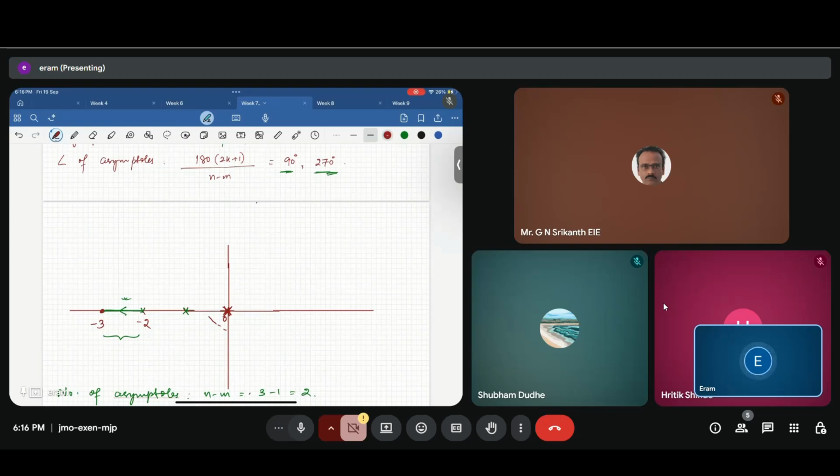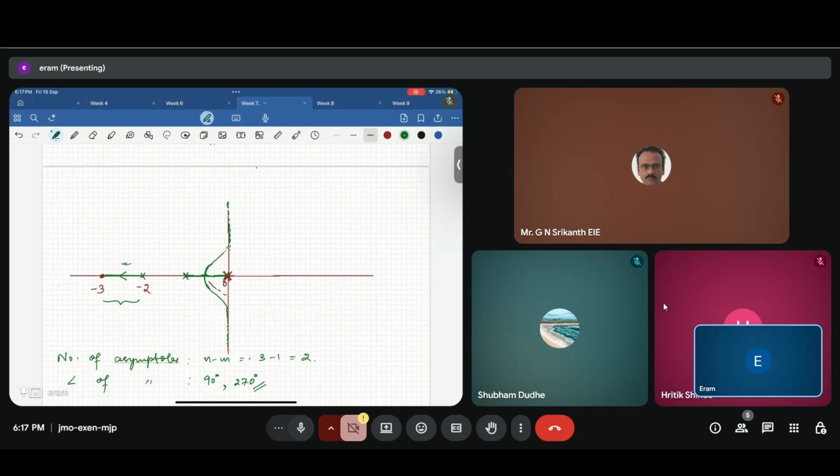Okay, so it means that our root locus will start from these open loop poles, and then it may break away from any point that you can also calculate, and the asymptotes will be such that as k goes to infinity it will converge parallel to the y-axis, such that these asymptotes make an angle of 90 degree and 270 degree.